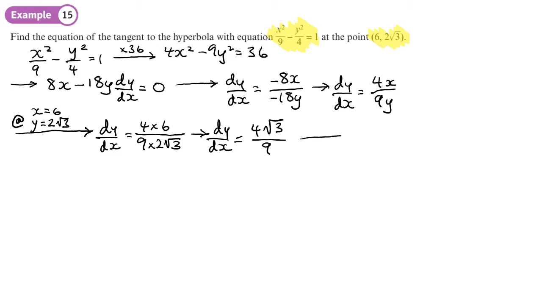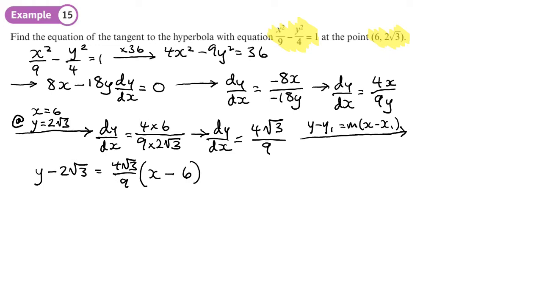So now I'm going to use y minus y1 equals m times x minus x1. So that will give me y minus y1, which is 2 root 3, equals m, so 4 root 3 over 9, times x minus x1, which is 6.